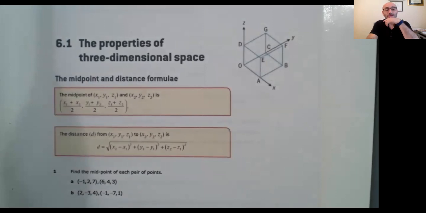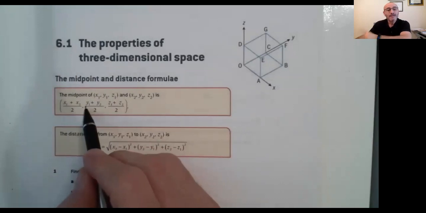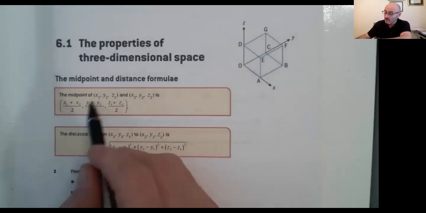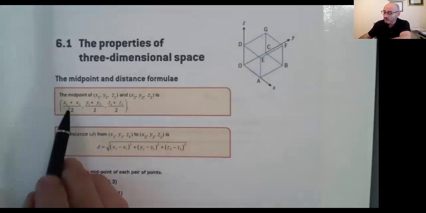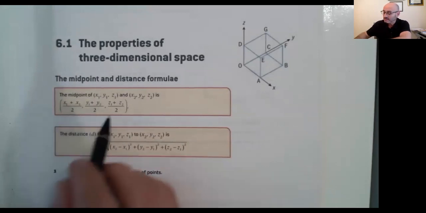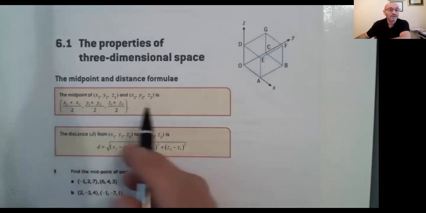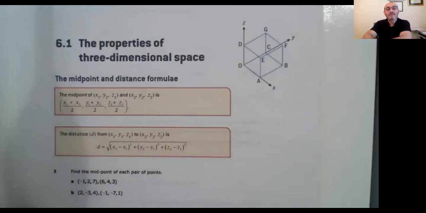So let's see what we have here. We have the midpoint between two points in space and the distance formula in space. And all we do is expand the same concept to three dimensions. So how do we find the midpoint? We find the average between the X coordinates, the average between the Y coordinates, and the average between the Z coordinates.